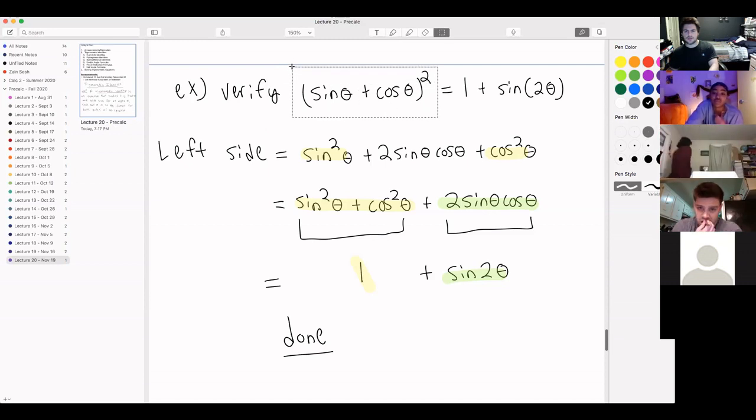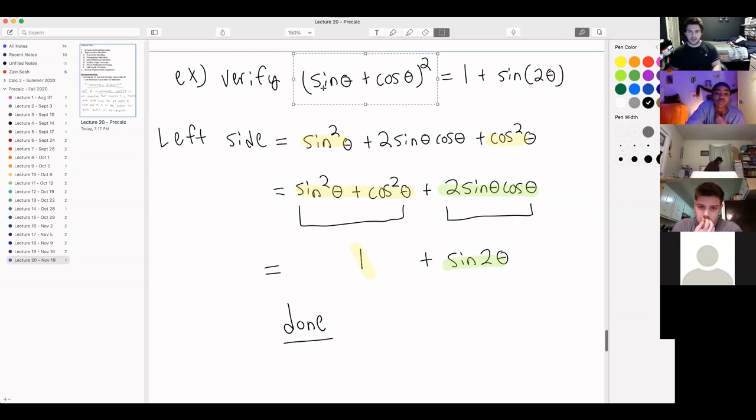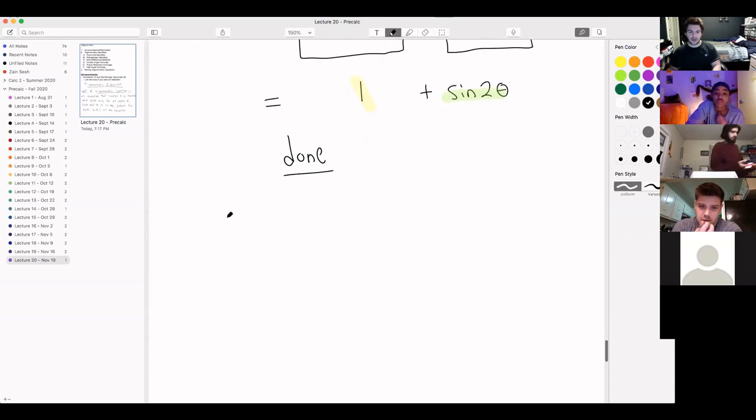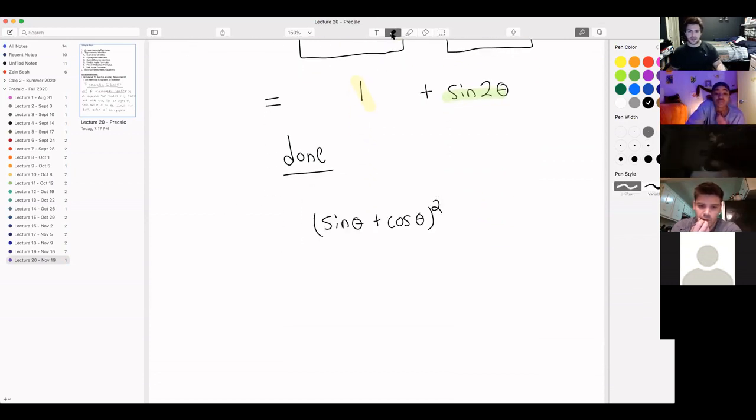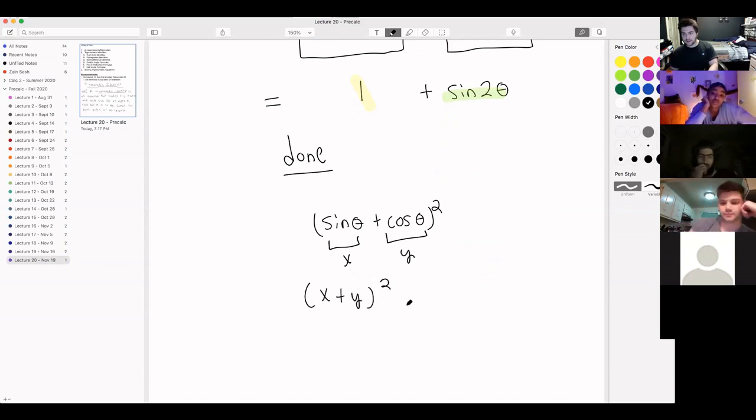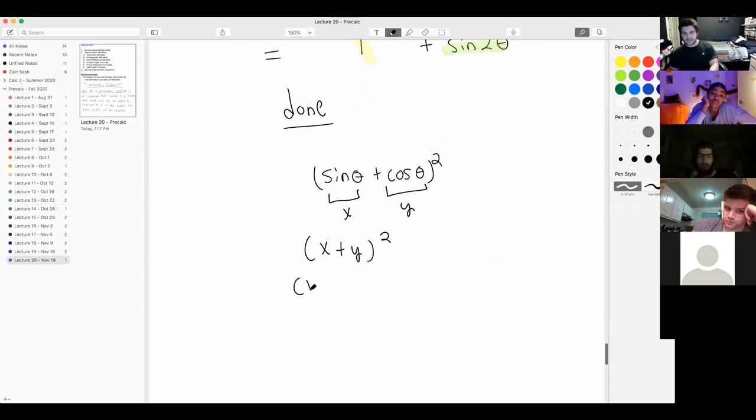this is just like multiplying out polynomials. So what I did here, I can call this x, and I can call this y. So this is the same as x plus y squared, which is the same as x plus y, x plus y.